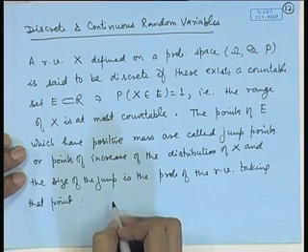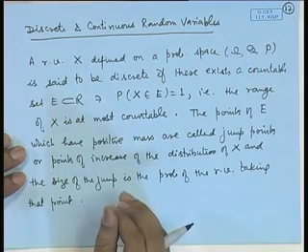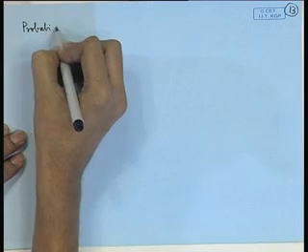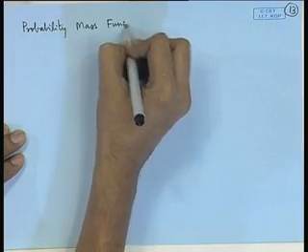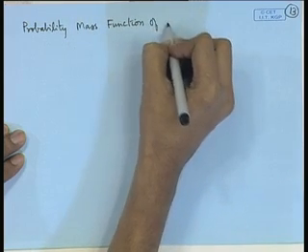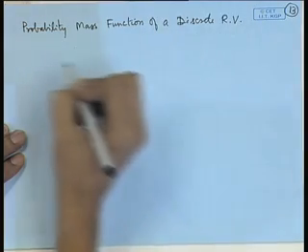So, the probability distribution of a discrete random variable is defined by a mass function. That means the probability of the random variable taking a particular value, say xi, where xi belongs to a countable set E. We call it a probability mass function of a discrete random variable.